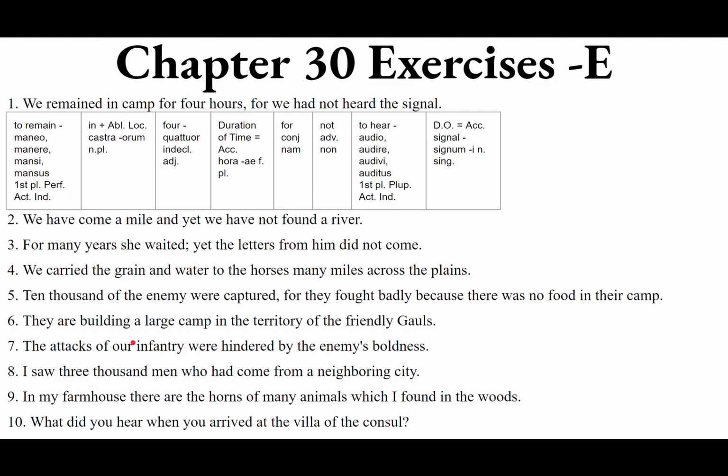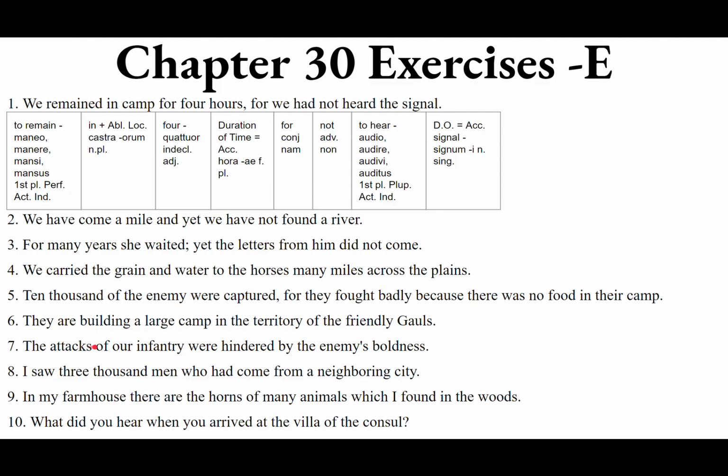Septima, sententia septima. The attacks of our infantry were hindered by the enemy's boldness. So, what's our verb? Were hindered. What was hindered? The attacks. The attacks are the subject of the sentence. Attacks, impetus, masculine. So nominative plural masculine, there's more than one.